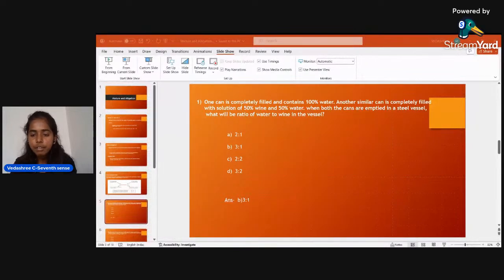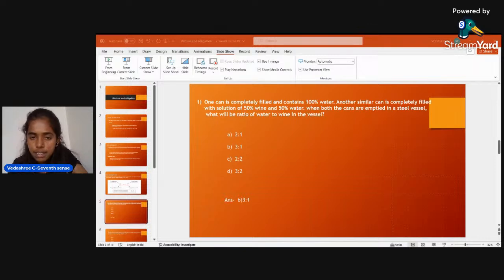So next we have our first problem. One can is completely filled and contains 100% of water. Another similar can is completely filled with a solution of 50% wine and 50% water.